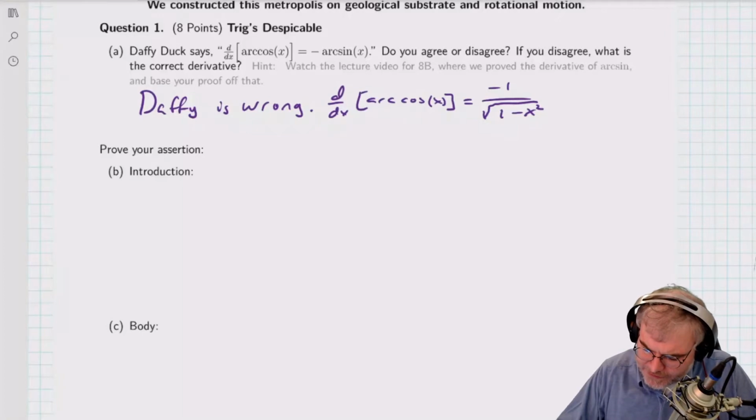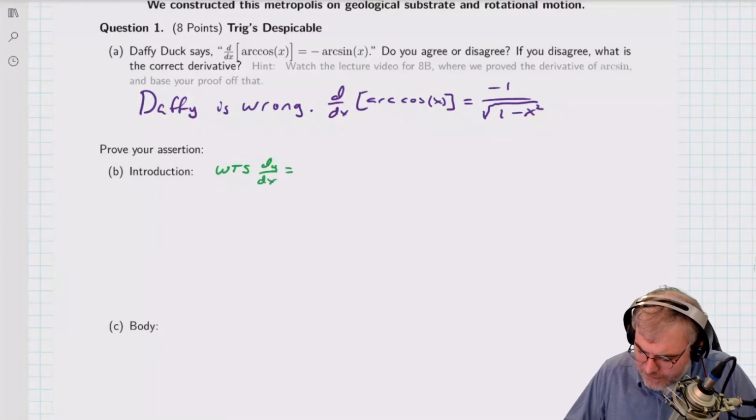So my little introduction: I want to show dy over dx equals -1 over the square root of 1 minus x squared. My strategy is going to be: let y equal arc cosine of x.